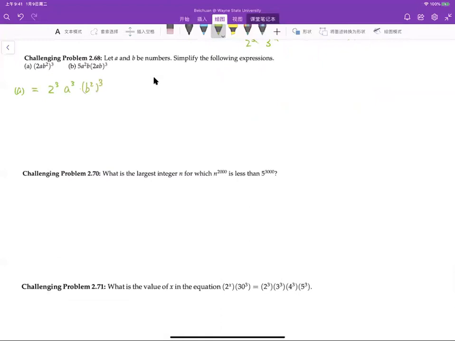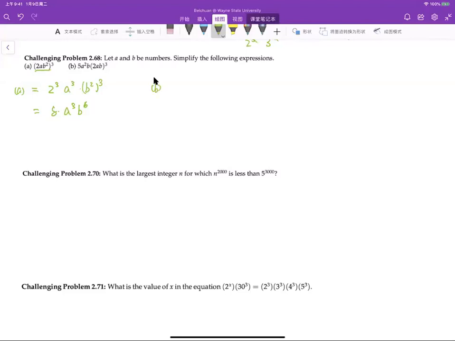Basically we can distribute the exponent to all of the terms in the parentheses. So we have 8 times A squared times B to the 6. That's one way to do it. Or you can apply the definition: multiply the same term 3 times to calculate the product.